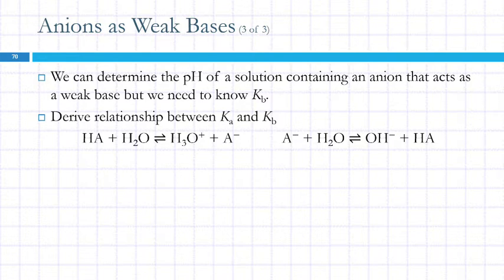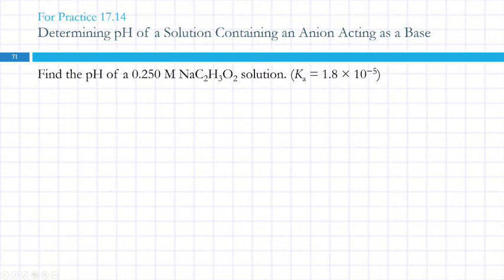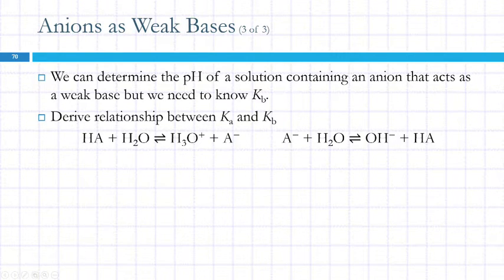So we could write, if I choose a pen, this is the ionization for the acid, right? And this is a reaction for the base. So we could say that the equilibrium constant for this one is going to be Ka.